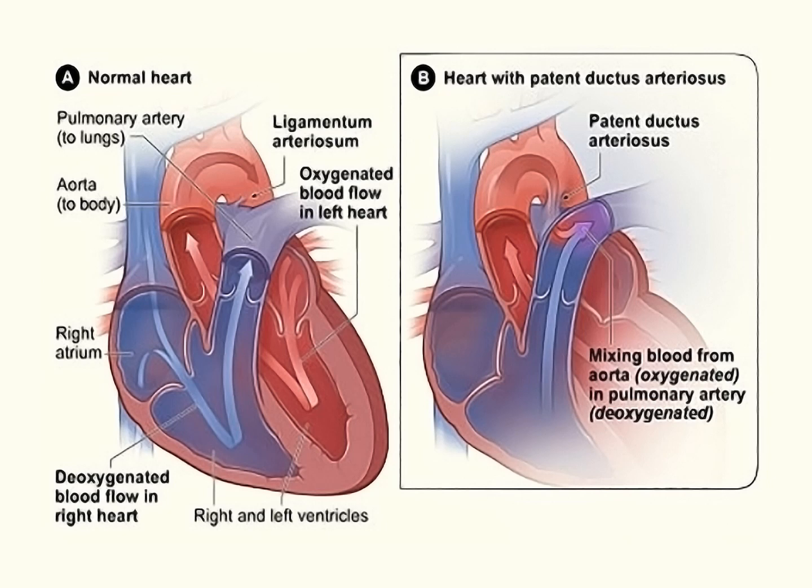Picture A is denoting normal heart, where we can see the ligamentum arteriosum, which connects the arch of aorta and pulmonary trunk. And in picture B, there is a heart with patent ductus arteriosus.